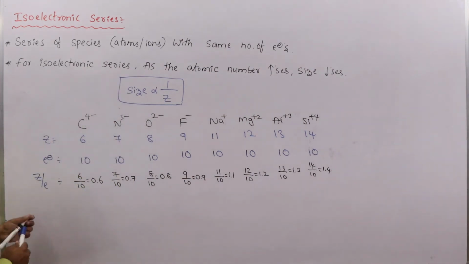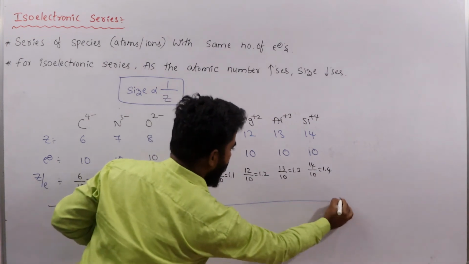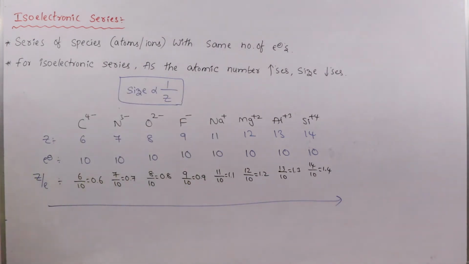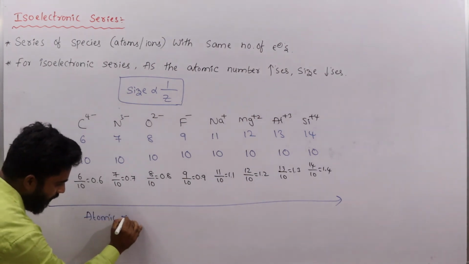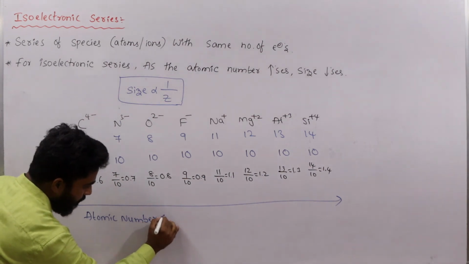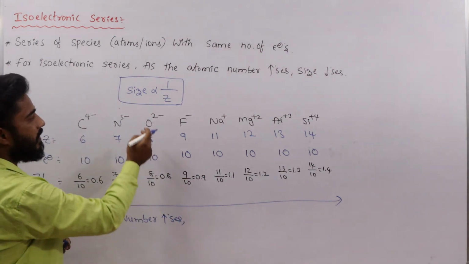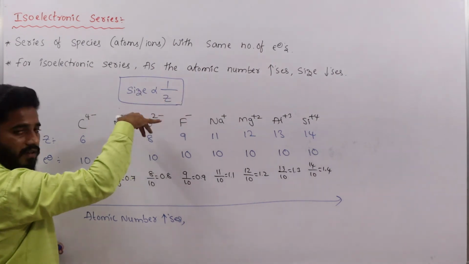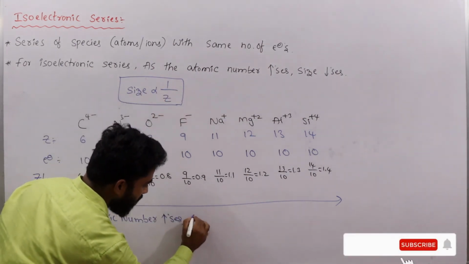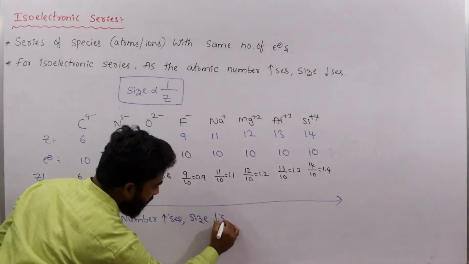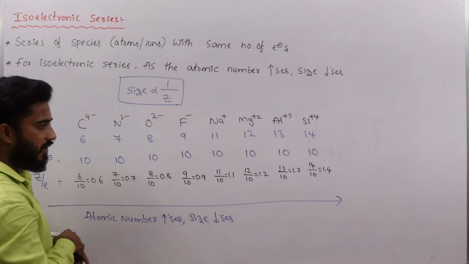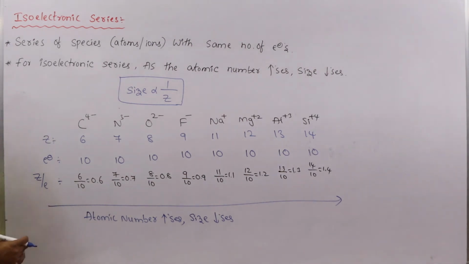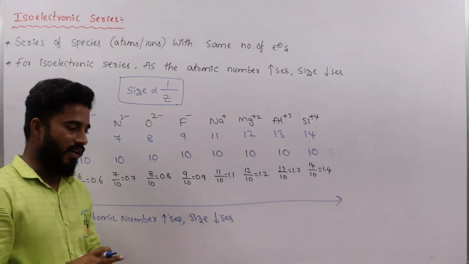So when you observe from C4 minus to silicon plus 4, atomic number, what will happen? Atomic number increases. When atomic number increases, Z increases, size decreases. This is the relation between atomic number and size. So when you observe the Z by E ratio for the same isoelectronic series, we already know that as Z by E ratio increases, size decreases.